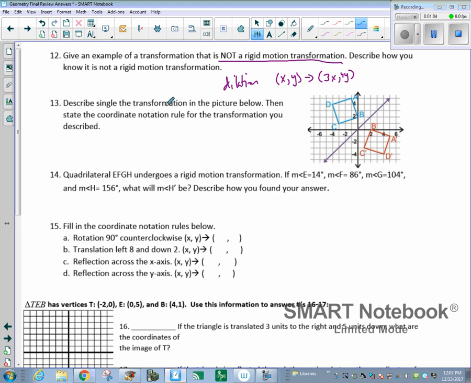In the next one, they want us to describe the single transformation in the picture below and state the coordinate notation for the rule of your transformation. So basically, I'm going to pick a point like B and B prime and use those as my guide.